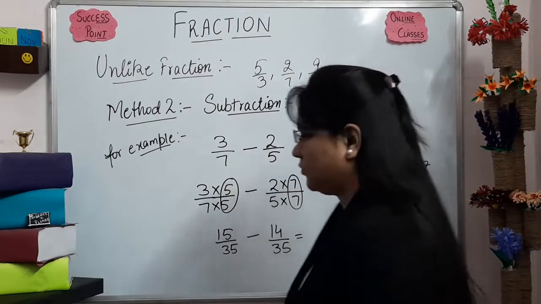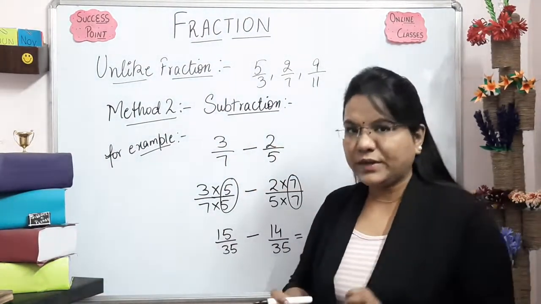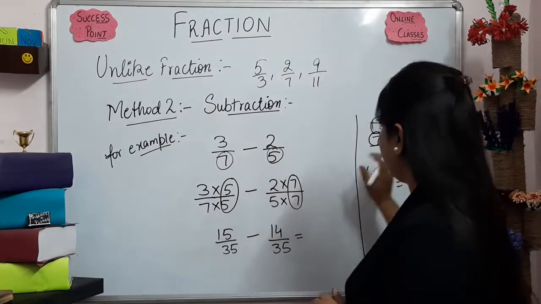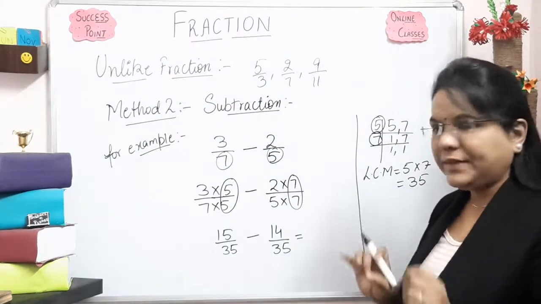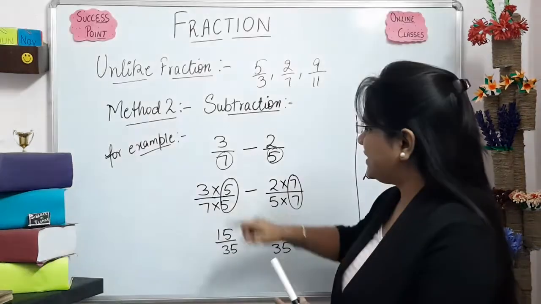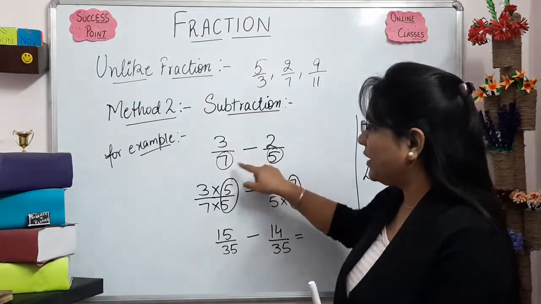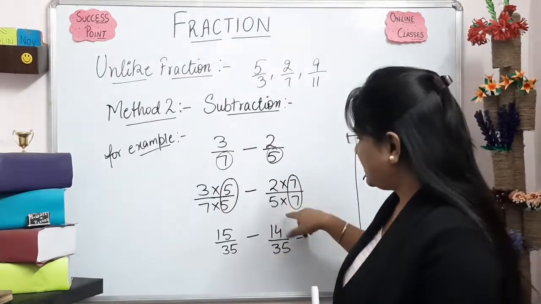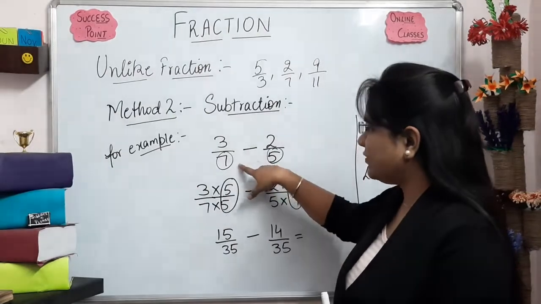We check the denominators 7 and 5. You have to take the LCM, and you will get the LCM as 35. 7 is there; if you multiply by 5 here, 7 5s are 35. Same concept on this side: 5 is there, and if you multiply by 7 on this side, you will get 35.